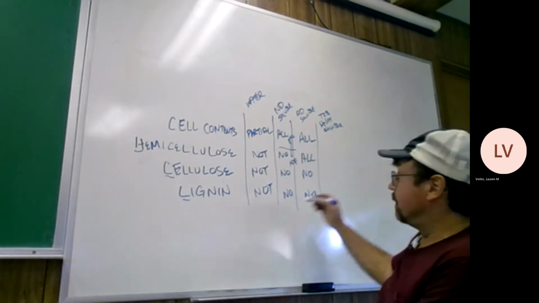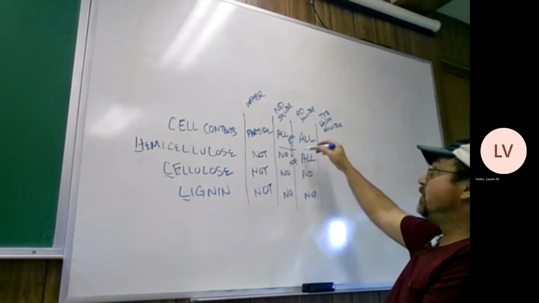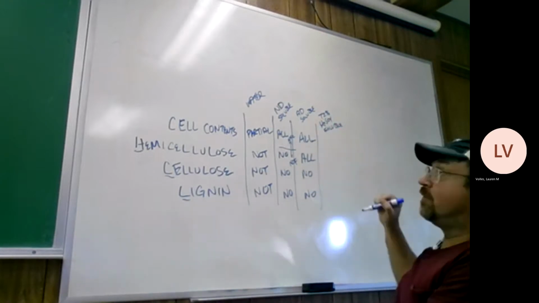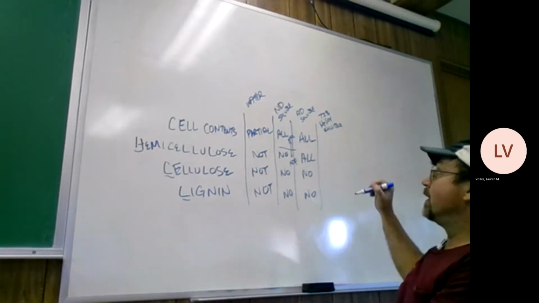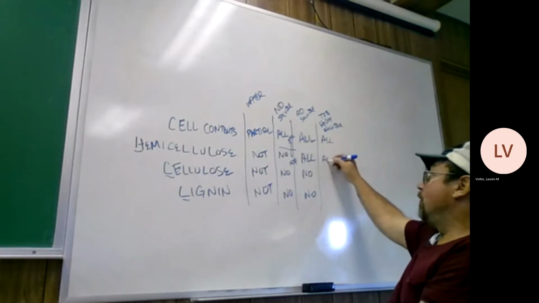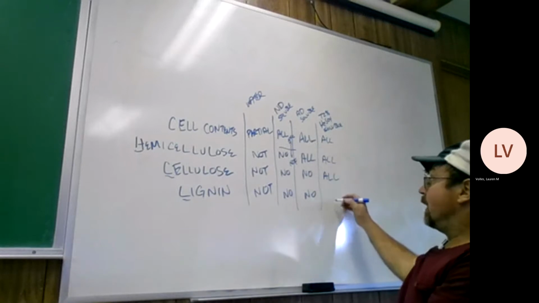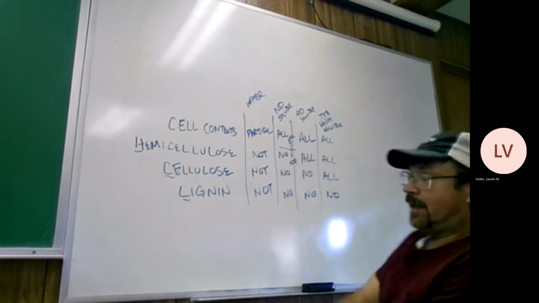So that becomes harder and harder to get a hold of. This is in between. This is relatively easy. Then that last step: all the cell contents, all the hemicellulose, all the cellulose, but not the lignin.